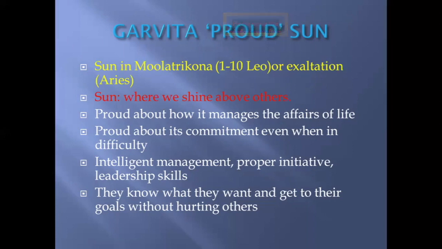The Sun represents where we shine above others, and this is quite important for the Garvita Avashta, because the Sun will be proud about how it manages the affairs of life. It will be proud about its commitment, even when in difficulty. It will still carry on out of inspiration.